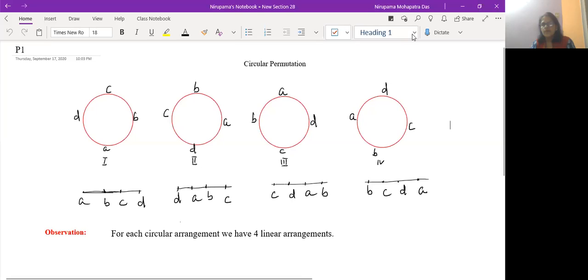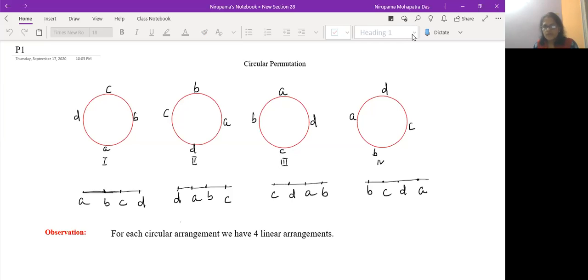So here you see we are given the circle, and we are arranging the objects. Suppose for example, you see figures 1, 2, 3, 4, and we are given four objects A, B, C, D. You may take A, B, C, D as four persons sitting around a round table.